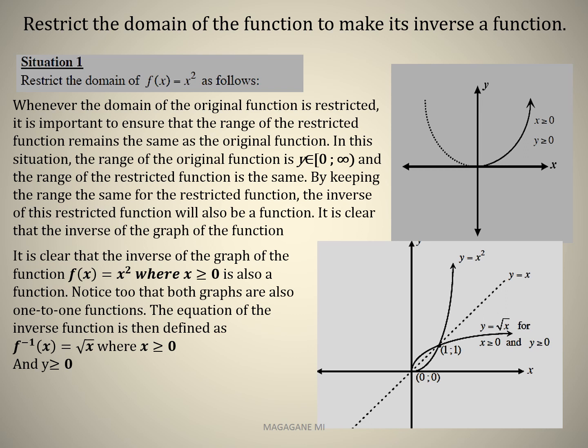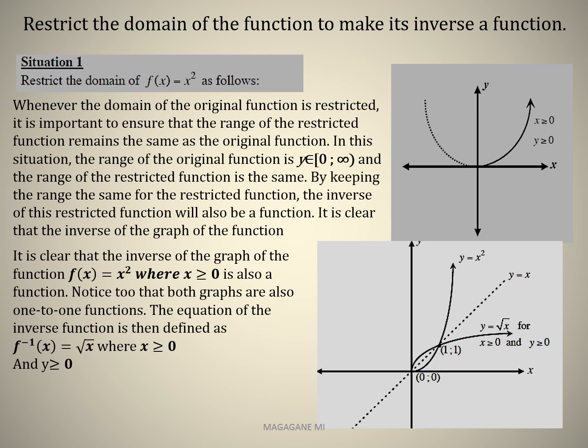Notice too that both graphs are one-to-one functions. If you look at our original function, y equals x squared, we only took the positive part for the x values. And the inverse will be y equals the square root of x, because the domain is x greater than or equal to 0 and our range is also the same.